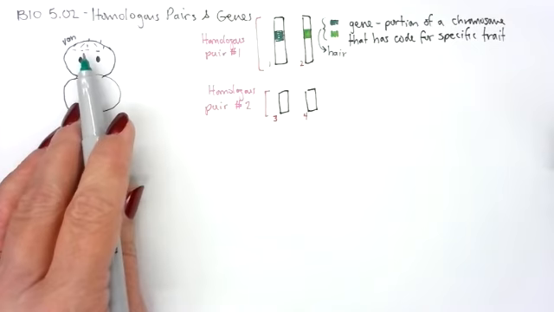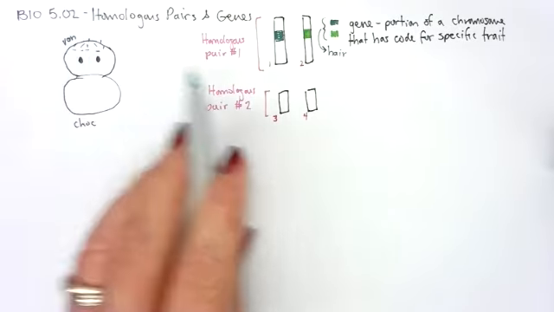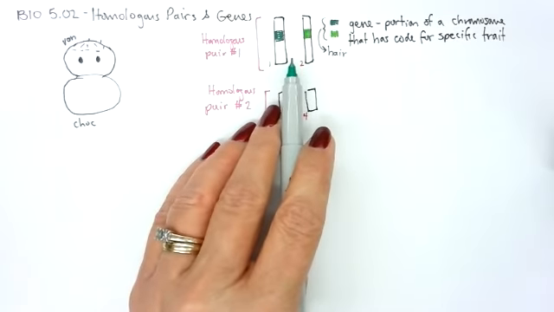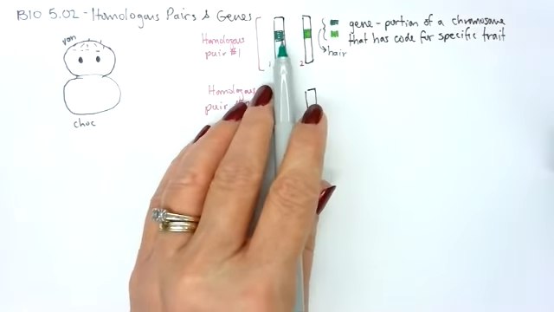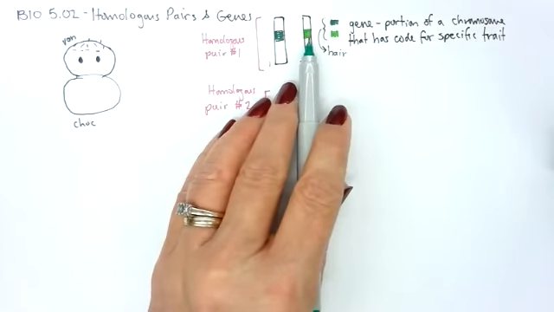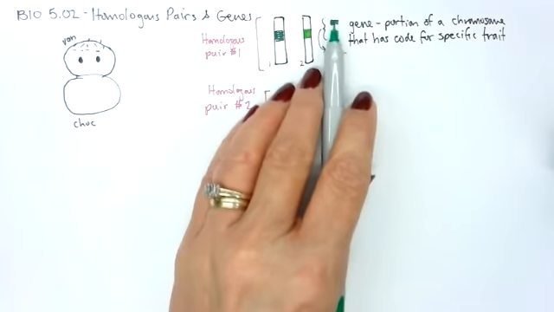Now, how that happens, we're going to do in the next chapter, I believe. But when we say they're similar but not identical, what we're talking about is the fact that these 2 chromosomes both have a gene for hair at these 2 sites, but we can have slightly different copies. They're not identical.